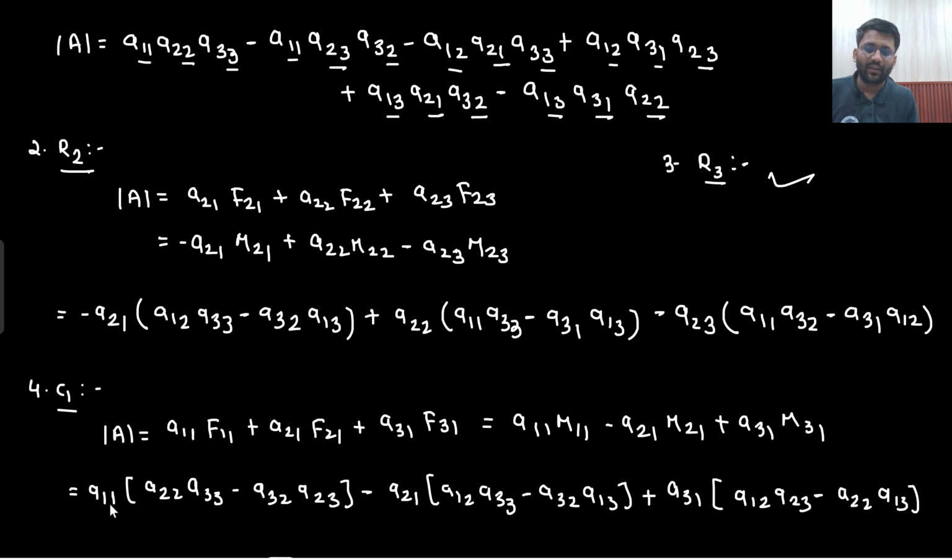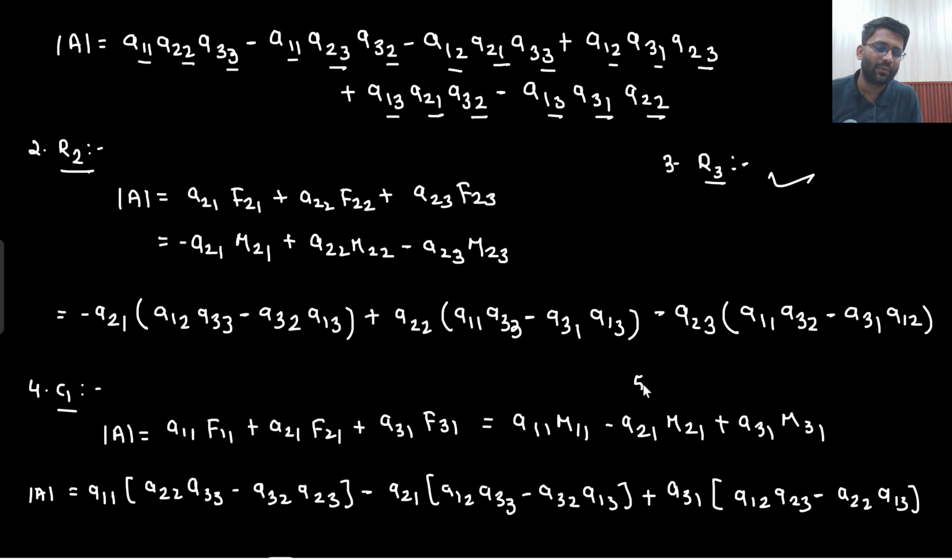A11 A22 A33, A11 A32 A23, with the negative sign A12 A21 A33, A12 A31 A23, then with the positive sign A13 A21 A32, A13 A31 A22 with the negative sign. There you go. So this determinant is the same, equations 1, 2 and 3 are all the same.